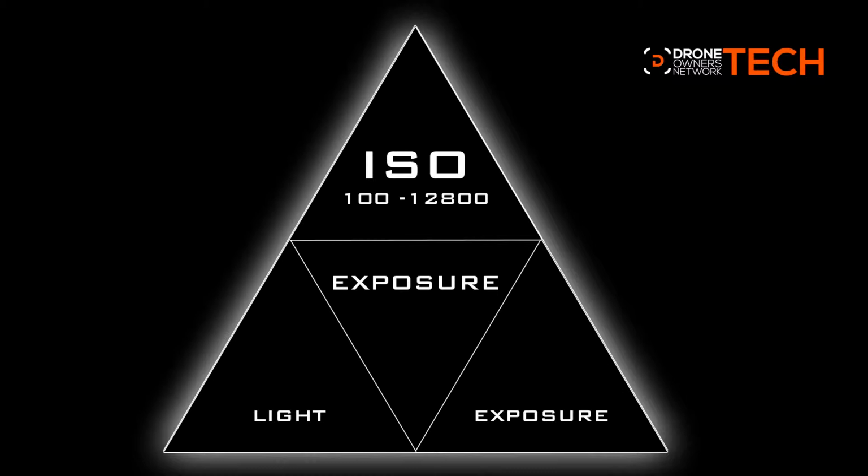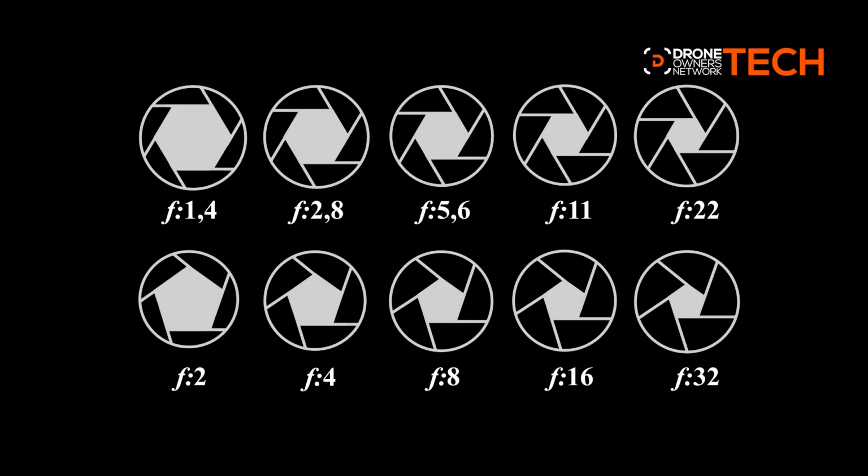The next triangle is the amount of light coming through the lens to the sensor. Based on focal length of the lens, sensor size, and the opening the iris in the lens has, the F values are defined in values like this one. As you can see, the lowest number has the widest opening and the highest number the narrowest opening.